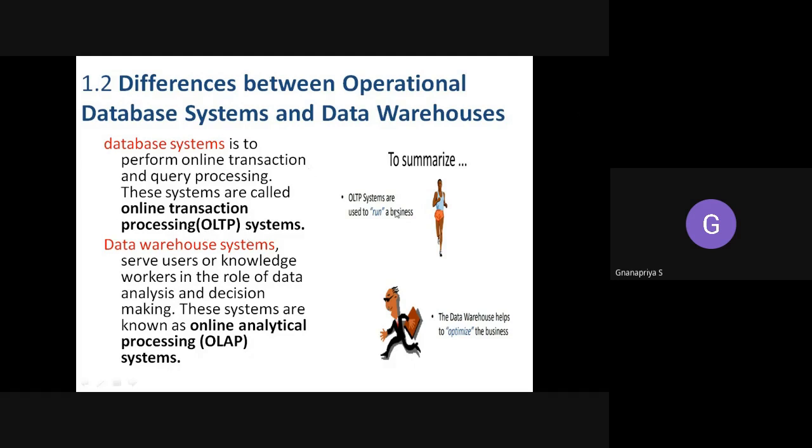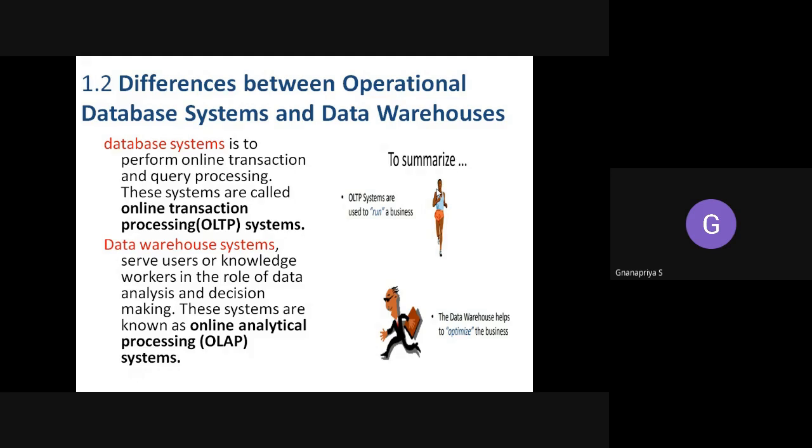So here, to summarize, OLTP is used to run a business, whereas the warehouse helps us optimize the business. So it helps us improve the business, whereas database is used to run the business. So this is the difference between database and warehouse. Is this clear?